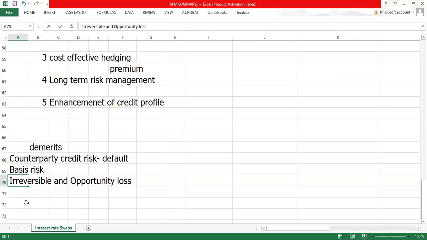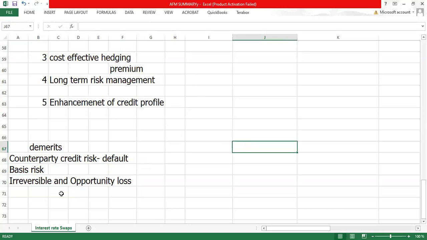And what does that one mean? If the market rates move favorably for you, like you thought the interest rate would increase, but you realize that probably the rate has actually reduced, there you lose that kind of benefit.